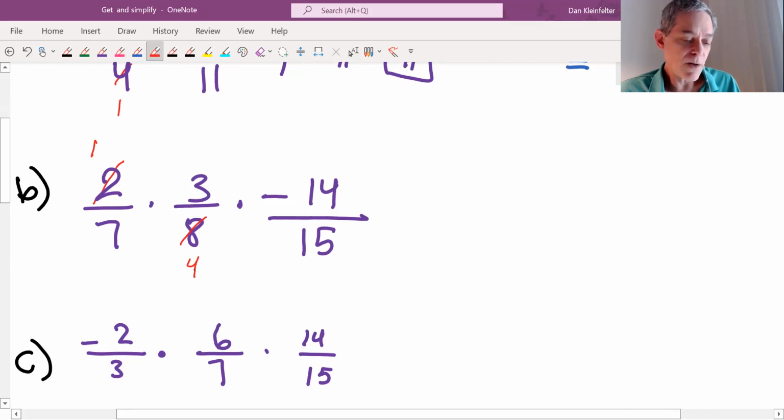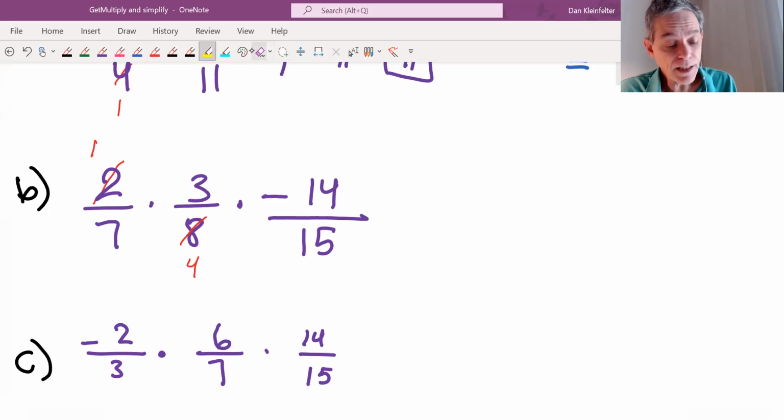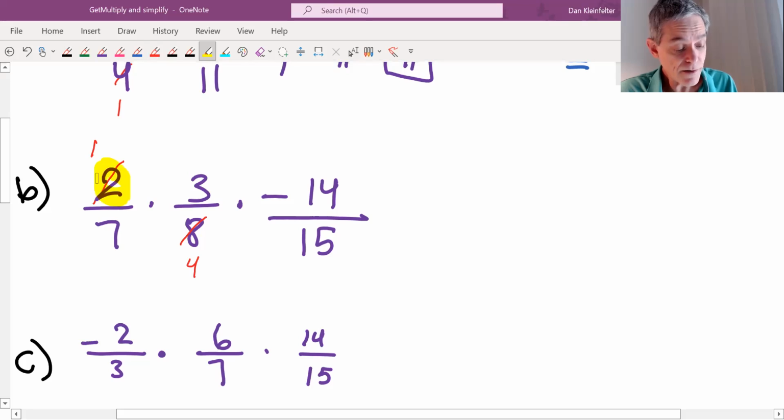Okay, now I did want to mention before I go any further, when you're using the fundamental property of fractions, you're multiplying or dividing the numerator and denominator by the same thing. But I couldn't simplify, for example, the 2 and the negative 14. Why? Well, because they're both in the numerator.